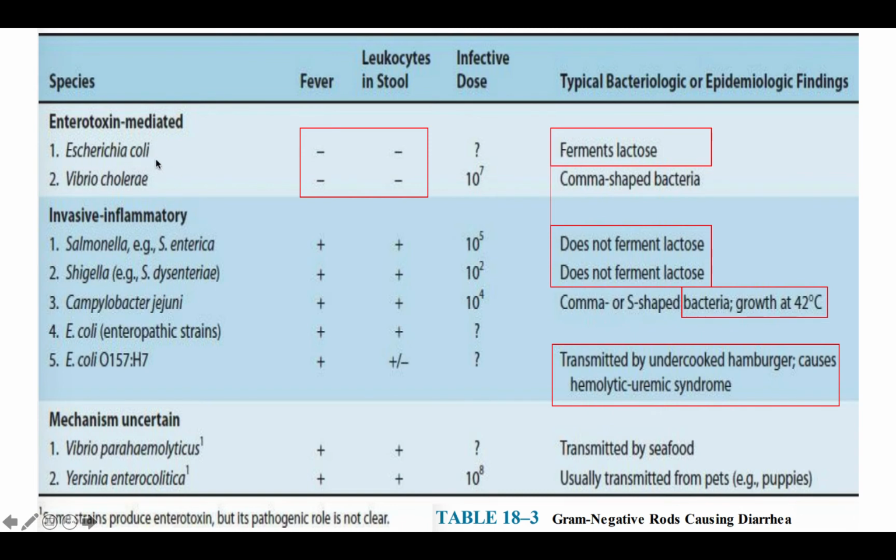Now he develops, starts playing sports and gets big muscles. It becomes more. So these strains become enteropathic. These are invasive strains. They can cause invasiveness. These will obviously cause fever and leukocytes too. And there are ones that have Shiga-like toxin. We will talk about it.